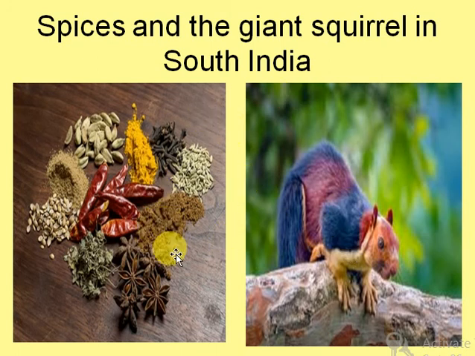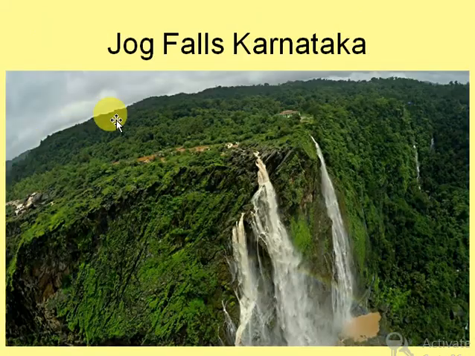So now you understand the importance of these plateau areas. In the same way, you have the Jog Falls in Karnataka, located on these plateaus, one of the highest falls in India.